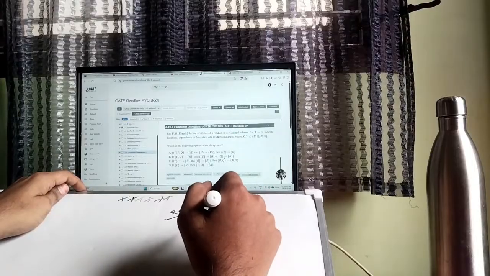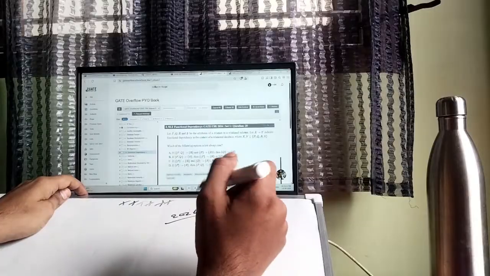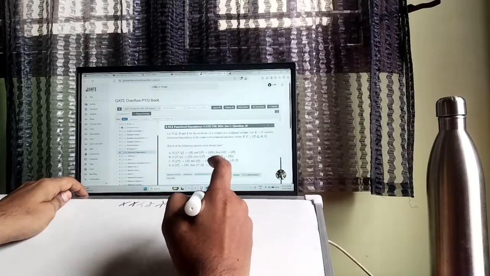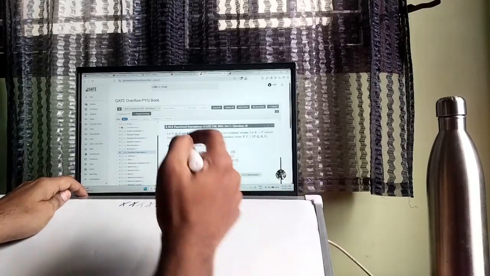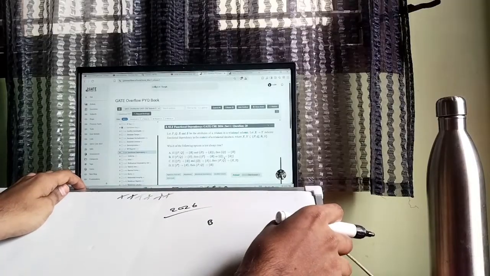If P tends to R, then R tends to R is possible, but not always true. And if PQ tends to R, then P tends to R and Q tends to R. This is true, this is a property.